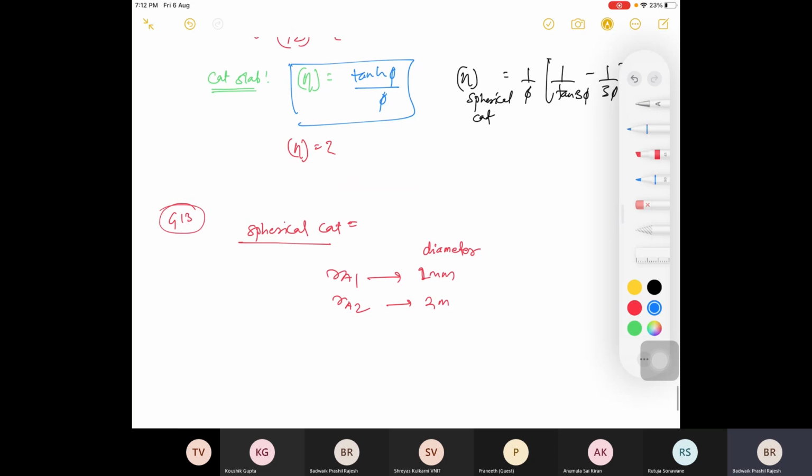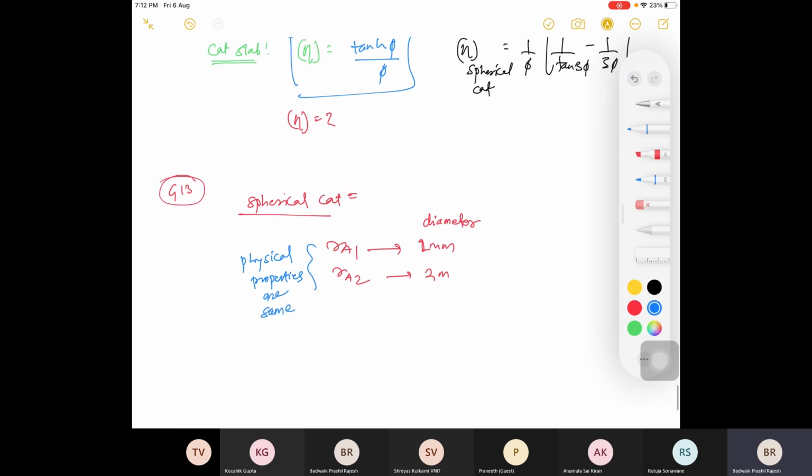Physical properties of both the catalysts are the same, meaning we are not changing the other properties of the catalyst. So you need to calculate RA2 divided by RA1.